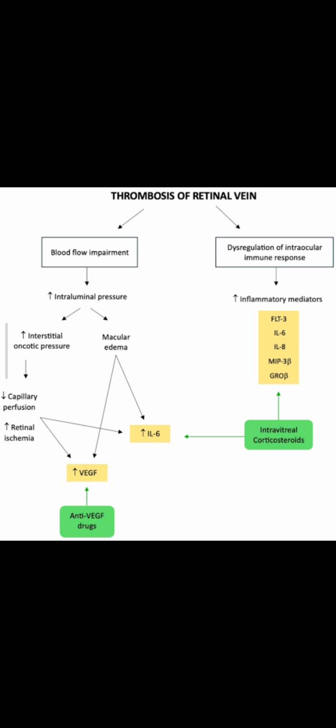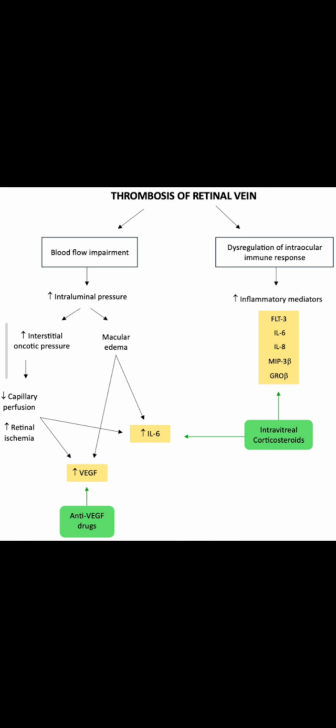For treatment, you should remember the concept: blood flow impairment is present and intraluminal pressure is increased. This happens because of increased interstitial oncotic pressure and macular edema promoted by increased VEGF and interleukin 6.